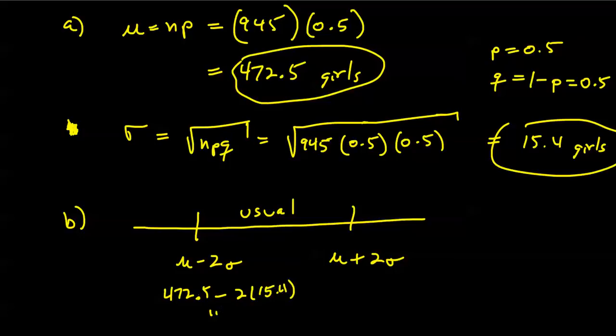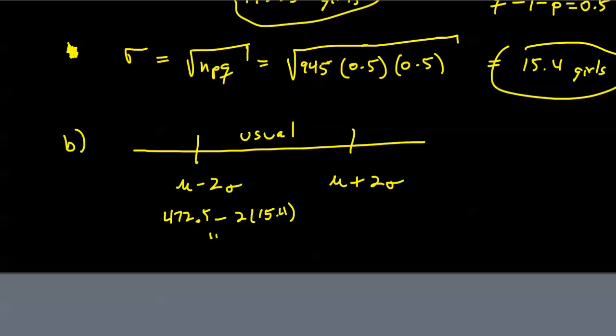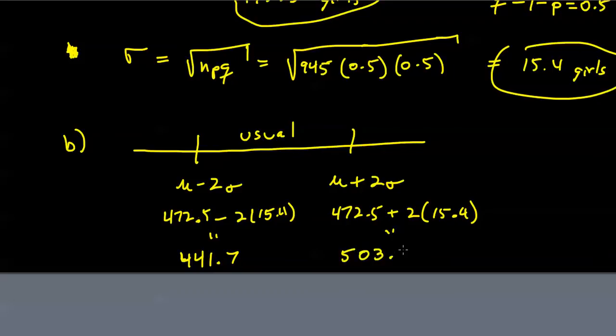Alright, so my low value here is going to be 441.7. Kind of getting low on the screen here. Similarly, on the high end, I've got a mean of 472.5 plus 2 times sigma, 15.4, is going to be 503.3.